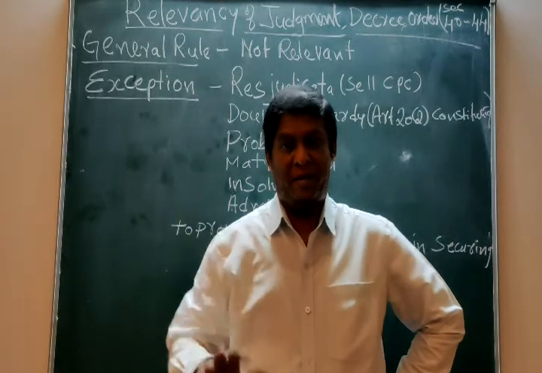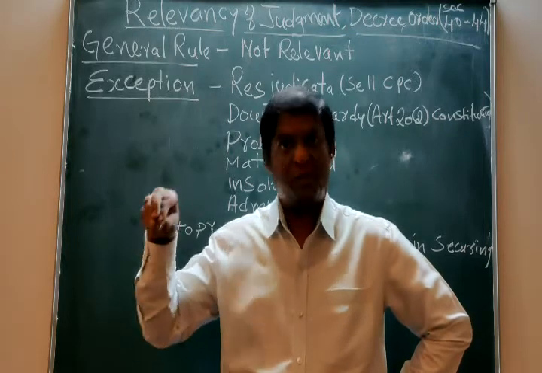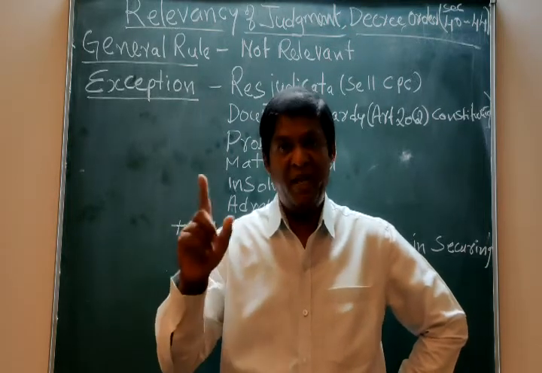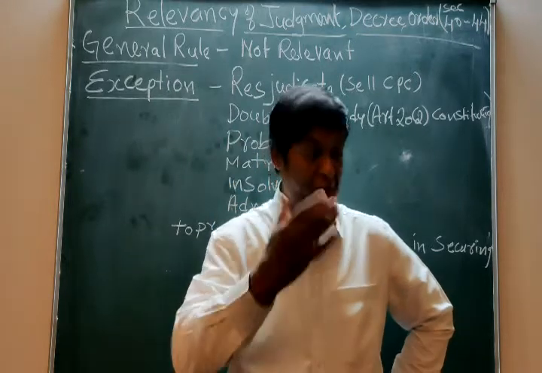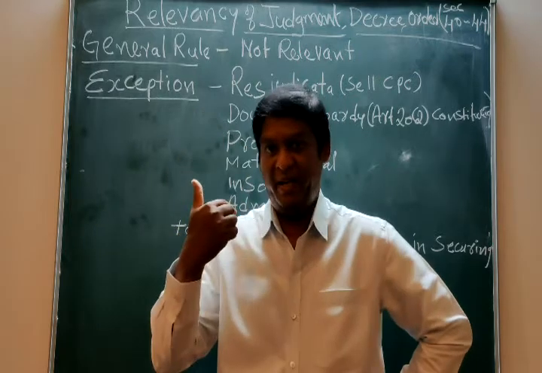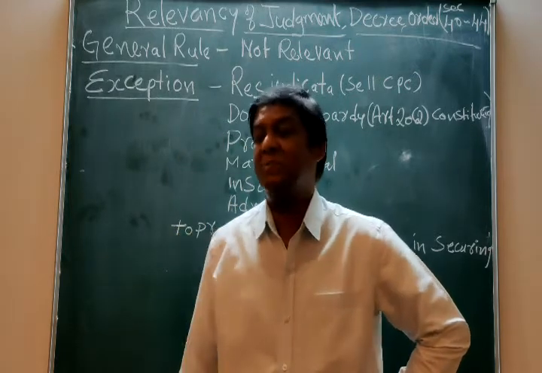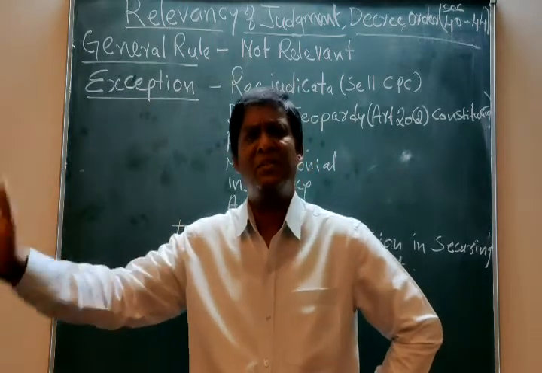And now Mr. B filed a case in the court of law saying, this newspaper has destroyed my name and fame. Your article has destroyed my image. And the trial has commenced.